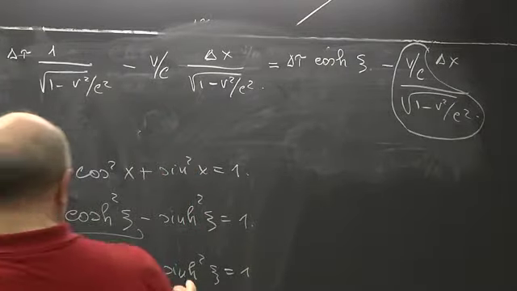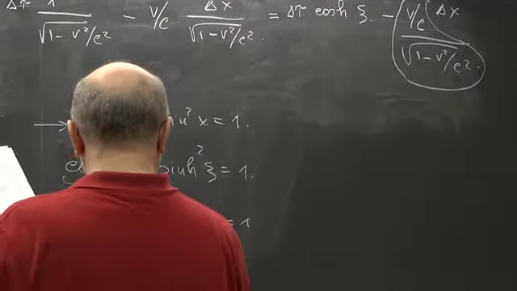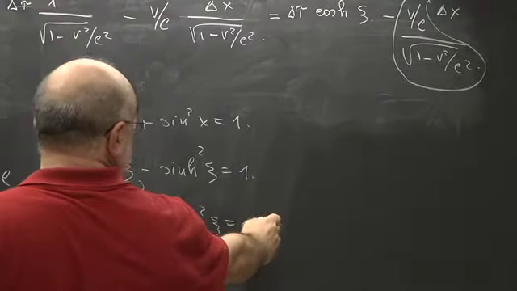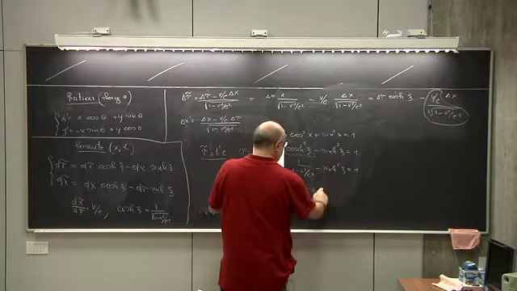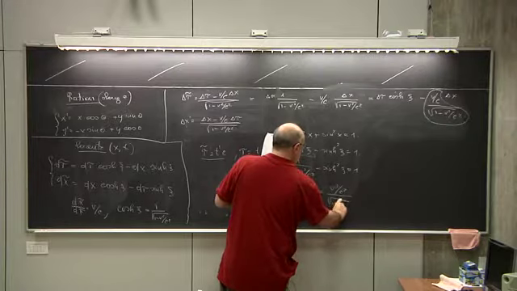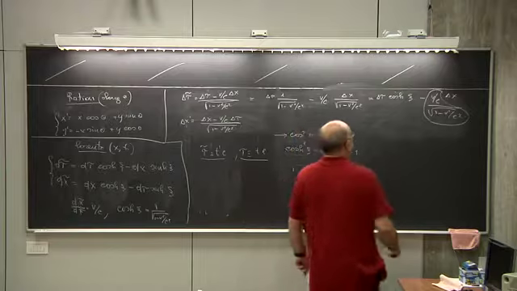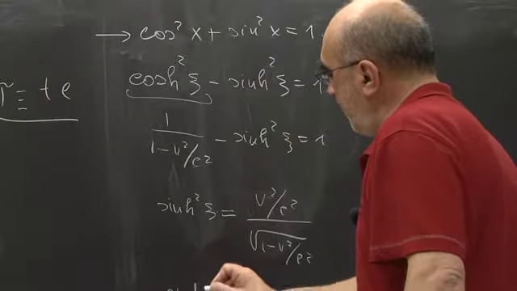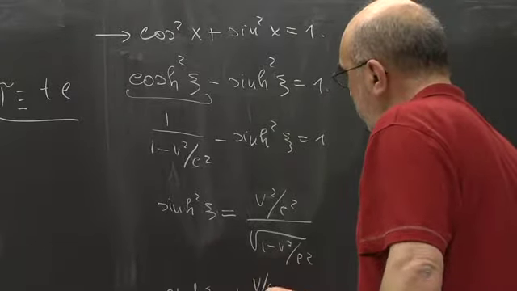So from here we derive what sine hyperbolic square is: you bring it to the other side and you get the plus. Bring the 1 to this side and you get that it is equal to v square over c square over 1 minus v square over c square. So the sine hyperbolic of psi, if I choose the plus sign, is this quantity.